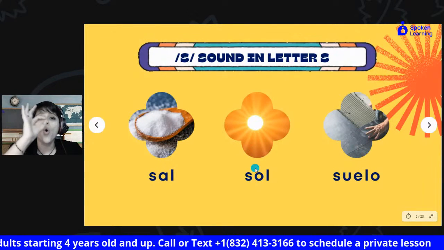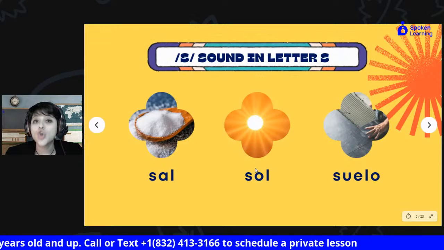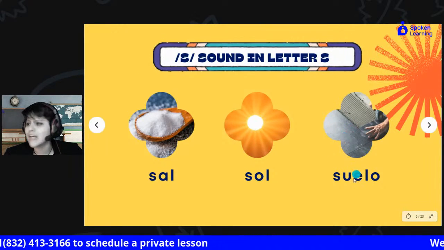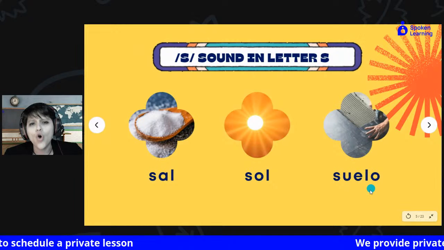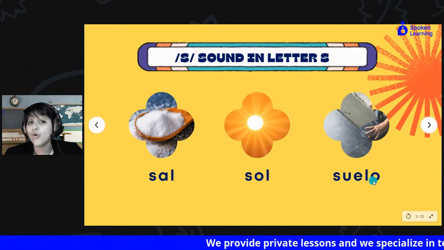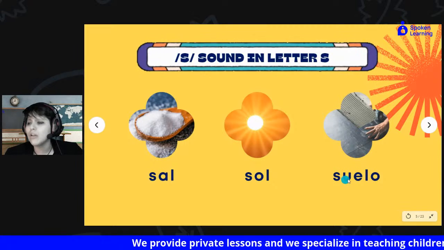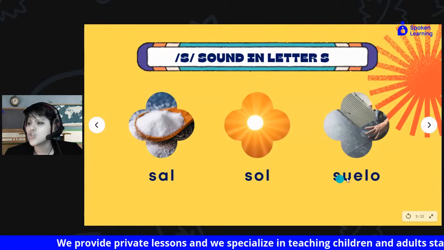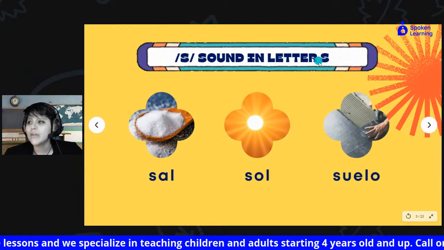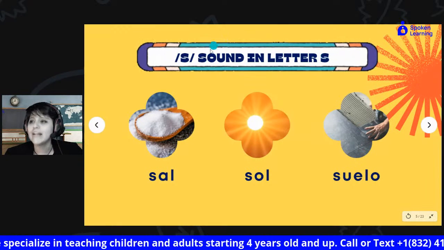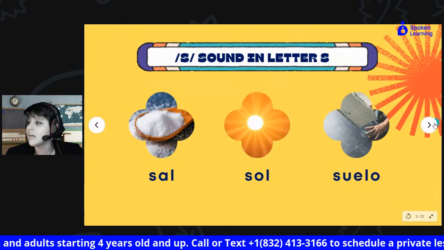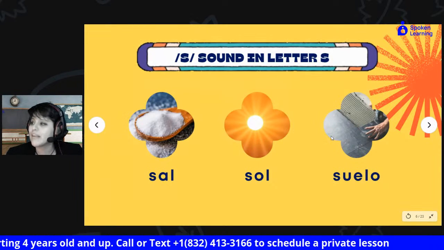Vowel O, sol. Now we're talking about the floor. Suelo, suelo, suelo. Vowel U, suelo. Now, this is S with the letter S, right? Sound S with letter S. Moving on.